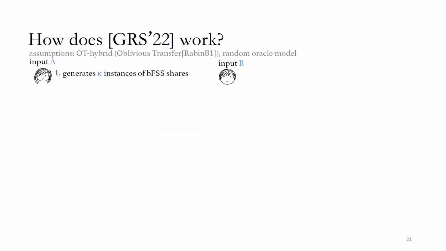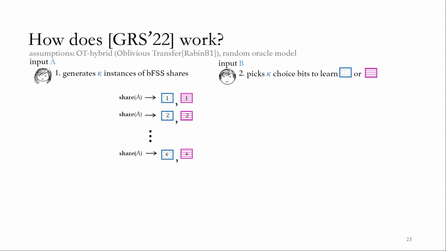So this is the semi-honest construction. Alice has a structured set A, and she has access to this function secret sharing scheme. So she secret shares her set not once, but kappa times, where kappa is the security parameter, which is usually 128 bits. Now, Bob has kappa choice bits. So he gets to decide whether he wants to learn the blue share or the pink share.